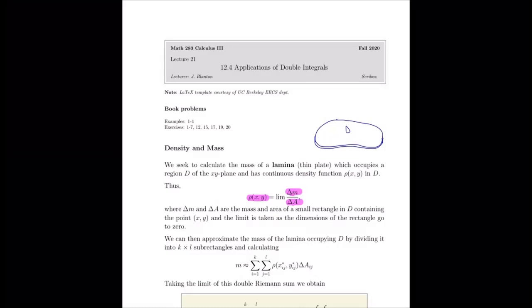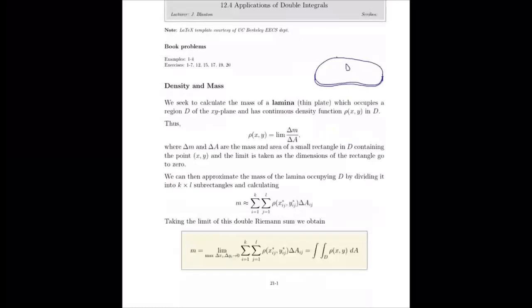So we're shrinking some tiny little rectangle in this lamina, and that's what the density is actually equal to. So we can approximate the mass before we take this limit as rho of x_ij star, y_ij star times the area of that little rectangle, and that's approximately equal to the mass at some given point. Now, what we'll do overall is sum over the i's and j's, so we're going to sum over all the rectangles.